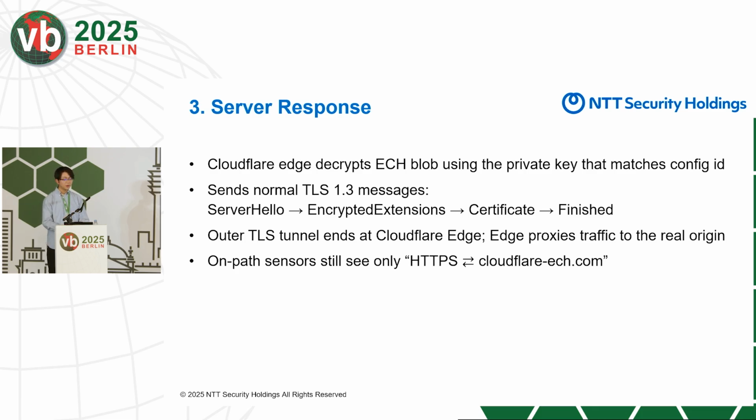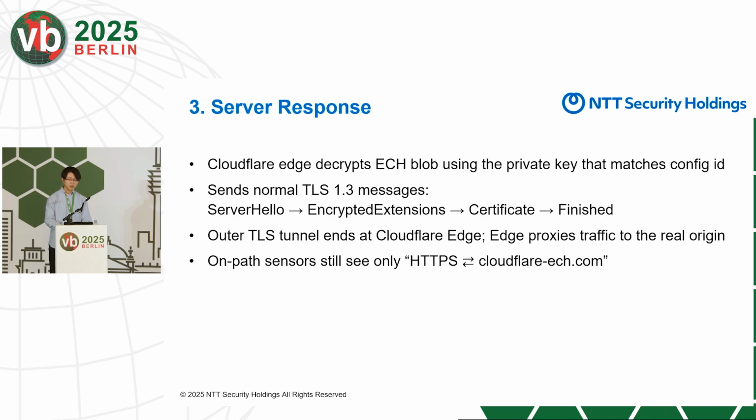Now, the tunnel between the client and Cloudflare is fully encrypted, but the request still has to reach the real C2 server. Because Cloudflare works as a reverse proxy, it either answers from cache or starts a second TLS session to the attacker-controlled origin.